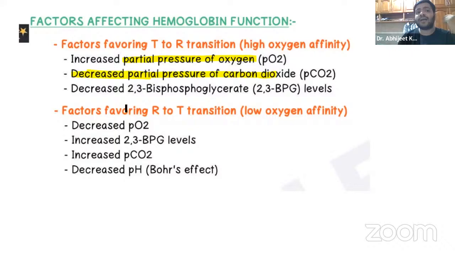The factors favoring the R to T transition, that is low oxygen affinity: the partial pressure of oxygen will be decreased, there will be increased partial pressure of carbon dioxide, and one more important factor, decreased pH. That is the Bohr's effect.